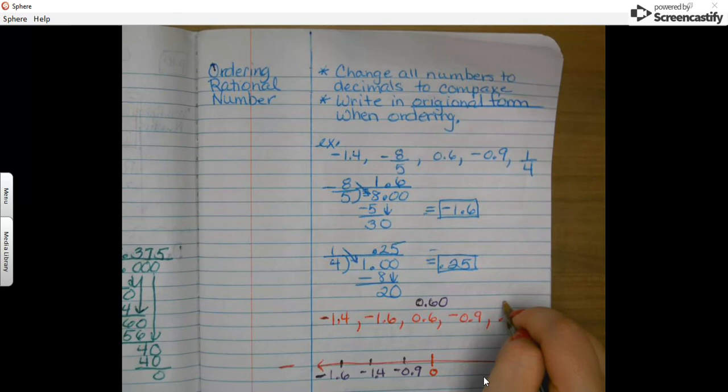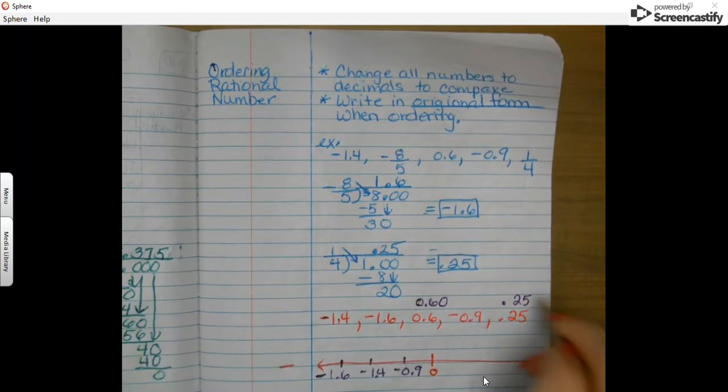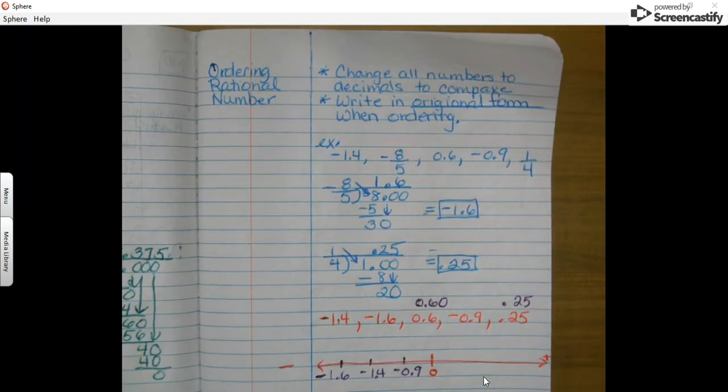And then we've got 0.25. So now we're comparing two numbers with two numbers after the decimal. Which one is bigger, 0.60 or 0.25? 0.60. Right, because it's 60, not 25. So our first one is going to be 0.25. And then our last one is going to be 0.60.